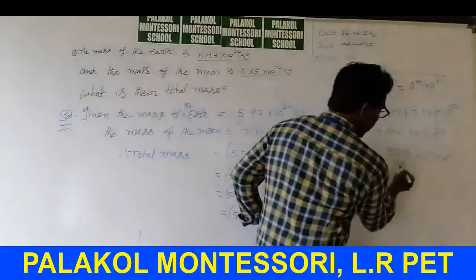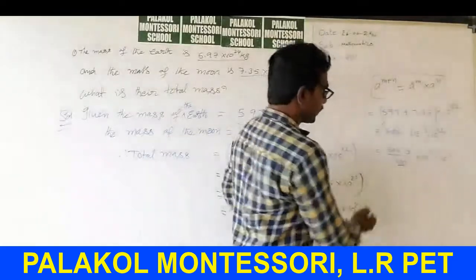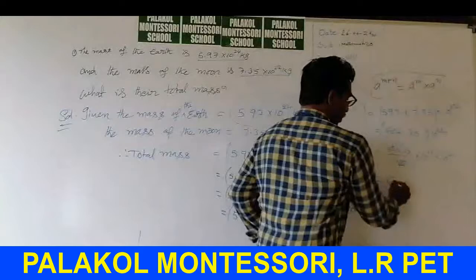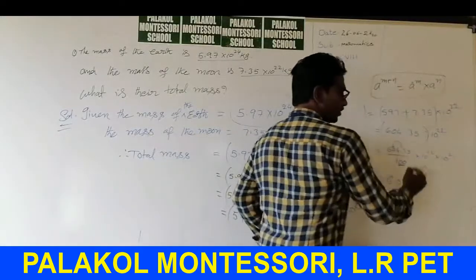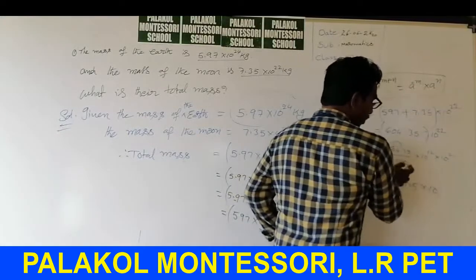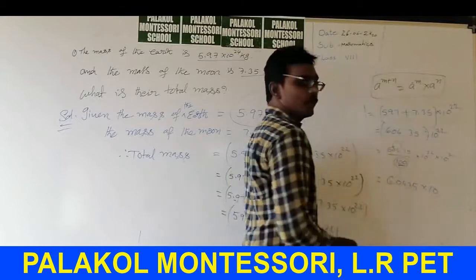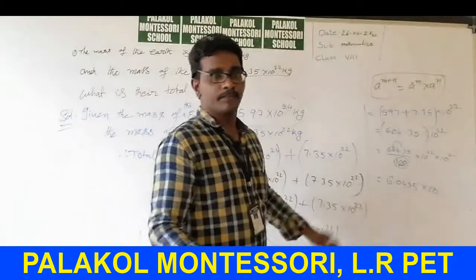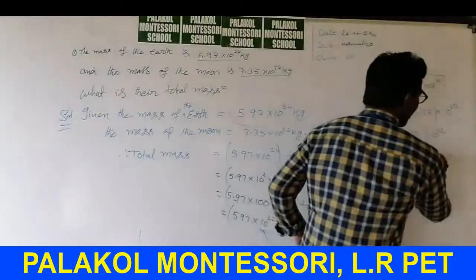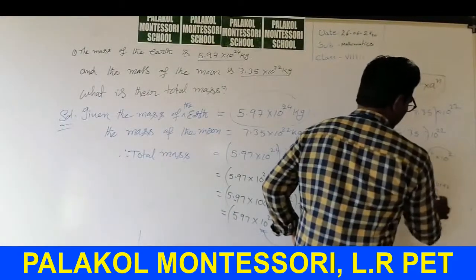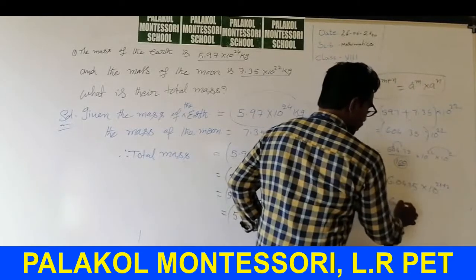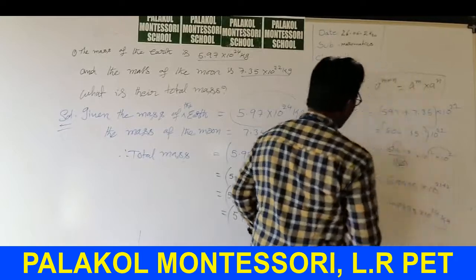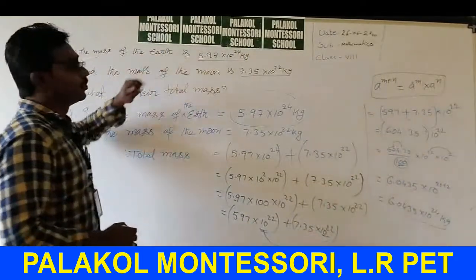After the decimal, you arrange it to the right hand side. How many zeros are there? 2 zeros. This point is moved 2 places. So 6.0635 into 10 power of 22 plus 2, 6.0635 into 10 power of 24 kgs. This is the total mass of Earth and Moon.